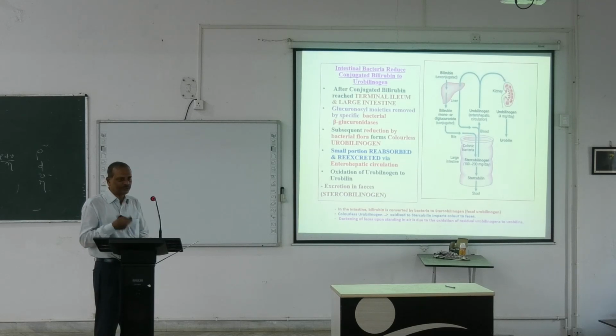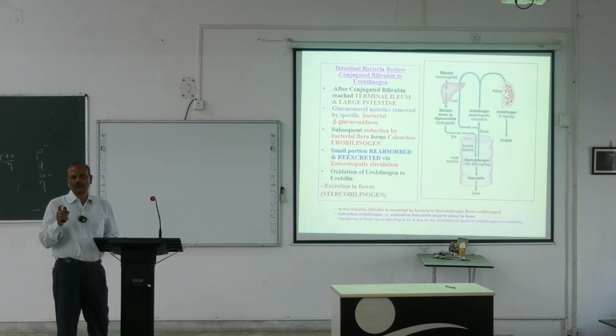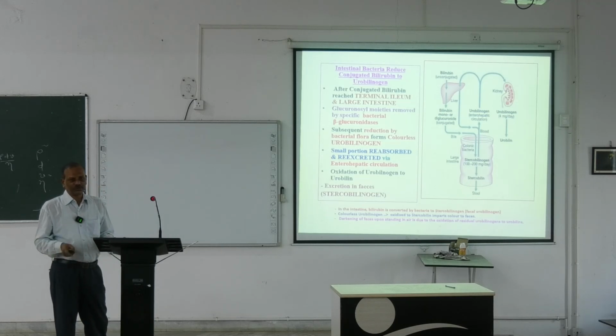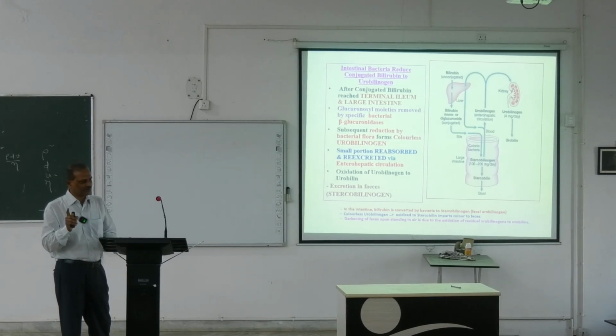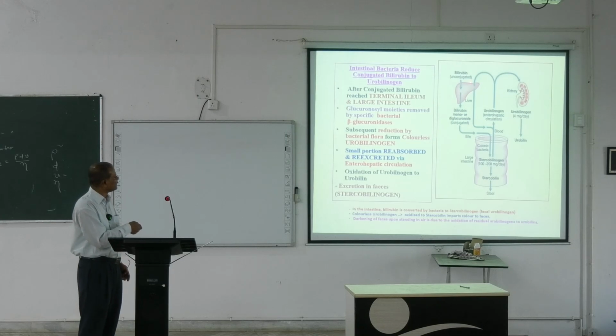This part again you have written. One point I want to tell: since you have not been told about the intestine, you will not know enterohepatic circulation properly without knowing that part. So bilirubin, once it is formed in the liver, will be excreted into the bile.